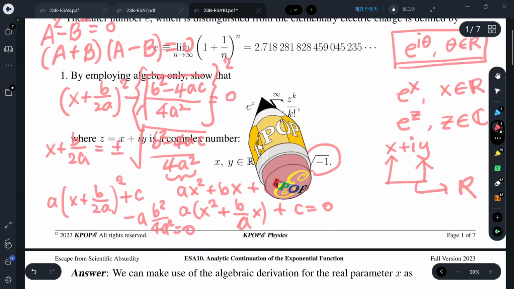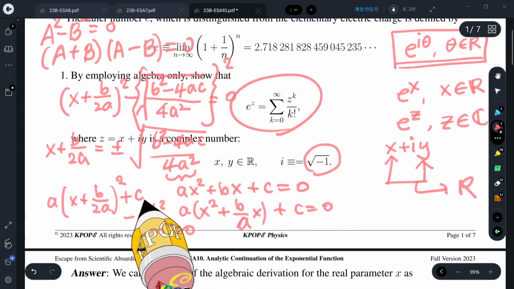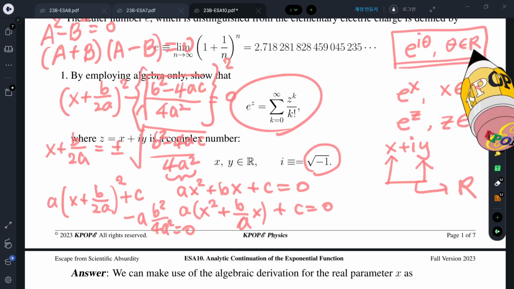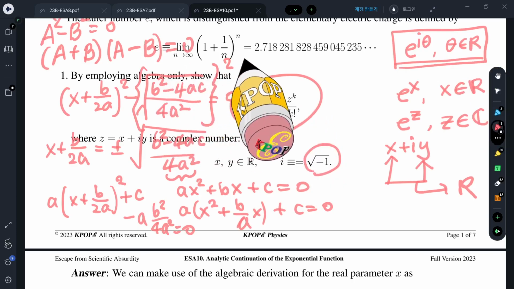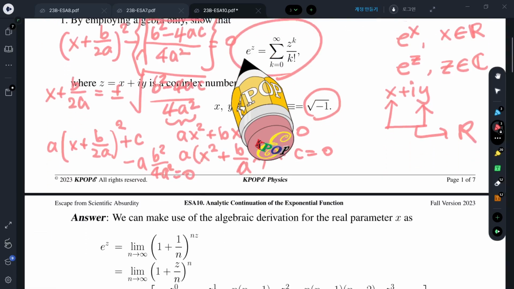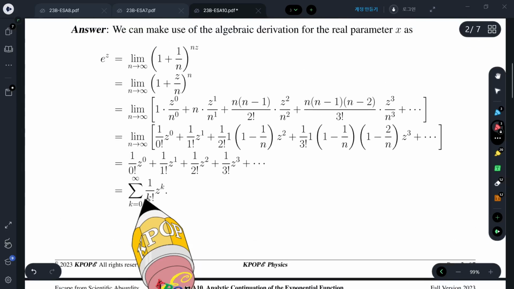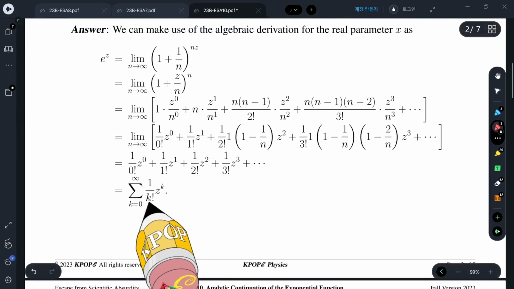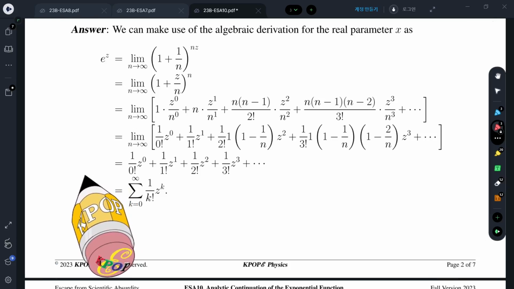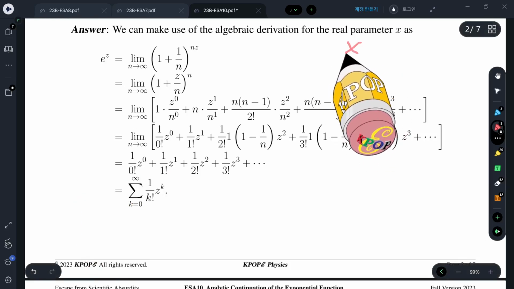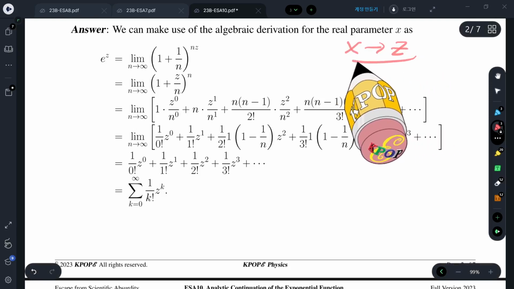So we'd like to show this using the same method that we used to derive the Taylor series expansion, using the binomial expansion and the definition of the Euler number. I don't have to explain in detail because what we have done already is the same, except that x is replaced with z.